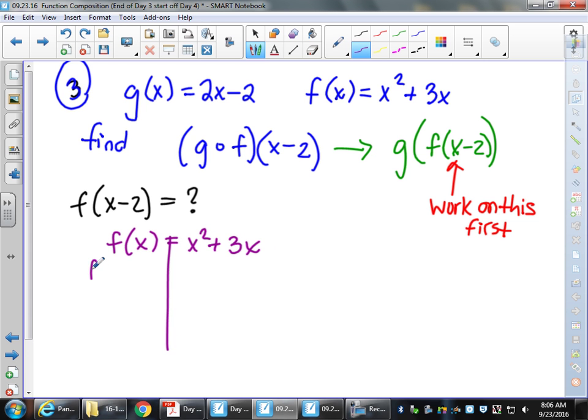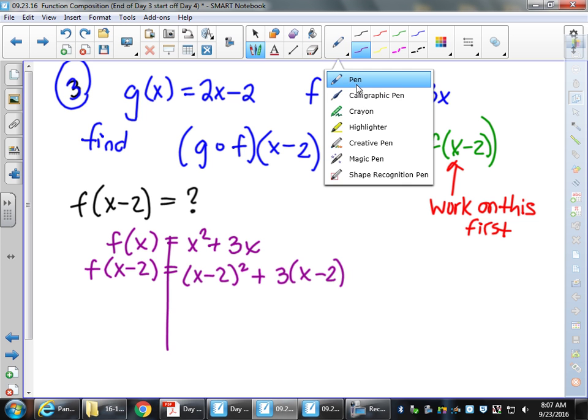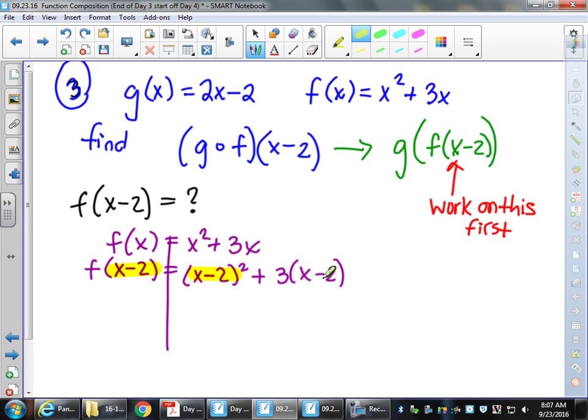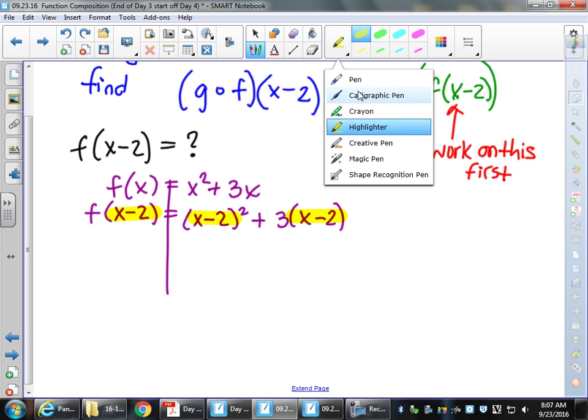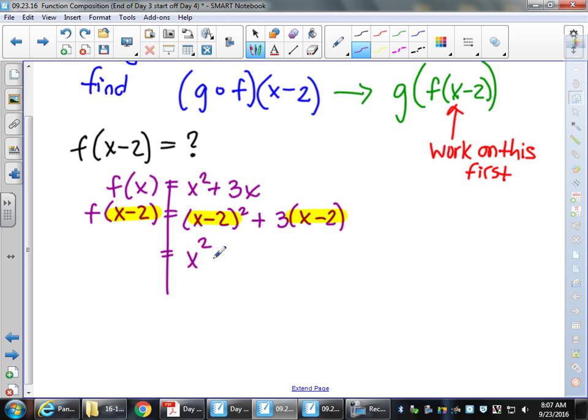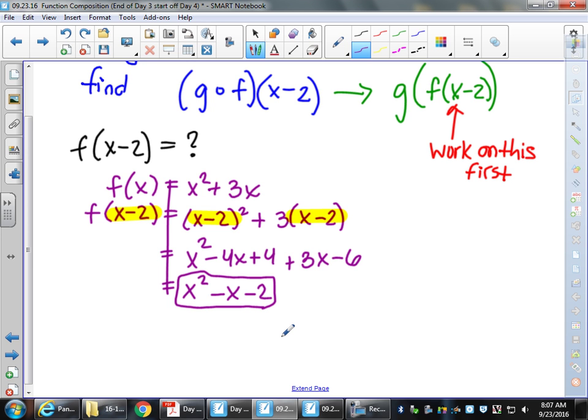And now under that, go ahead and write f of x minus 2, and you should be good to go.